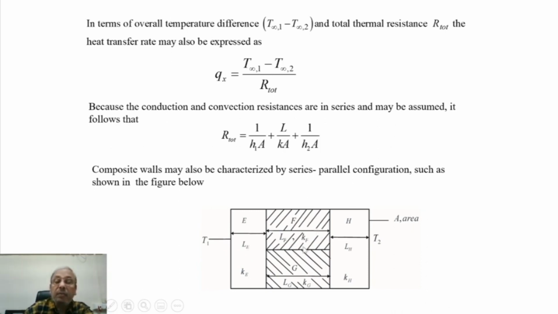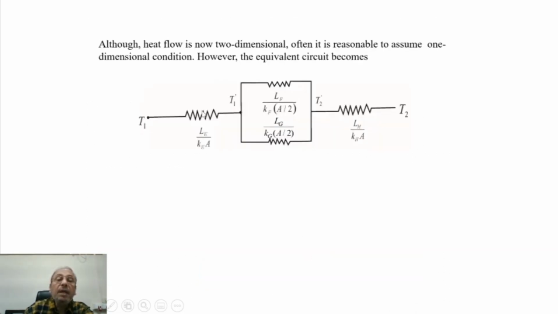They have different thermal conductivity and they also have different characteristic length or characteristic width, here L. And in this case the equivalent circuit between T1 and T2 will be, you can see, T1 and T2.